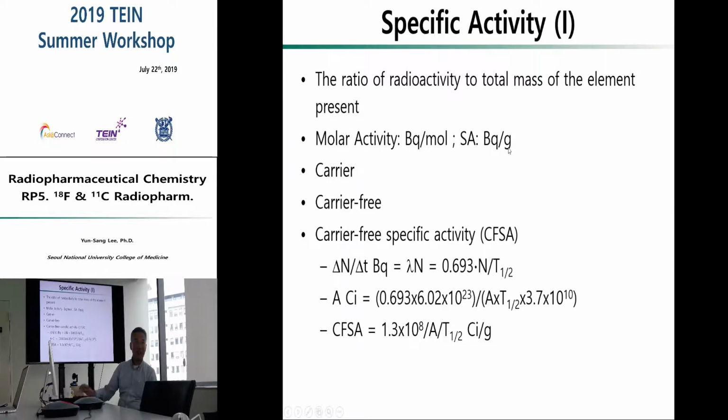So if you make a presentation or write a manuscript and see the term specific activity but the unit is becquerel per mole, you should correct it to molar activity, not specific activity.